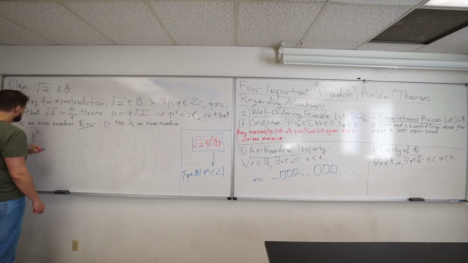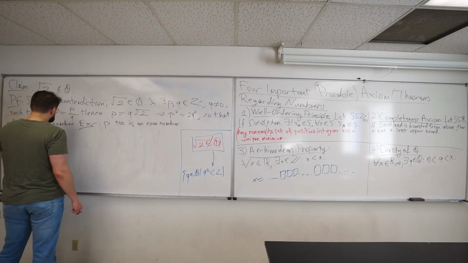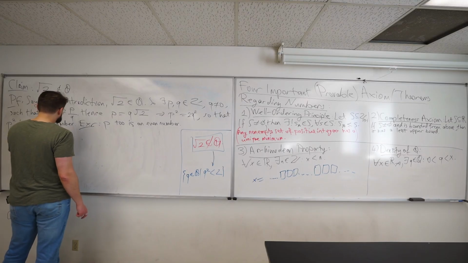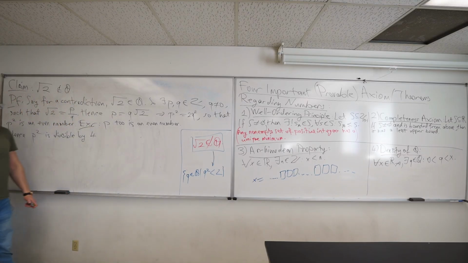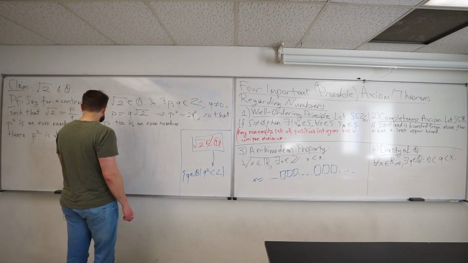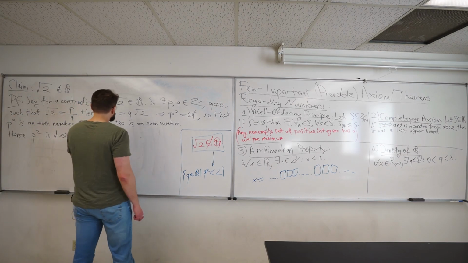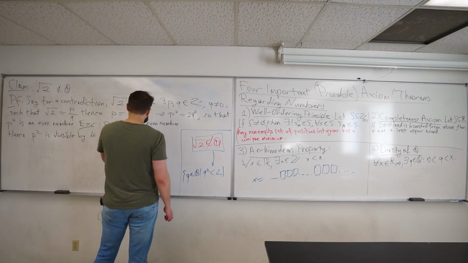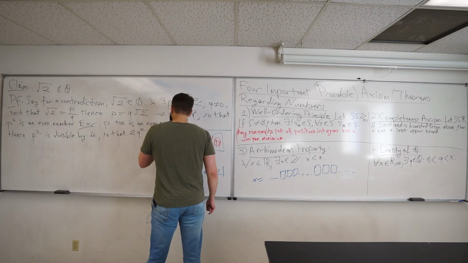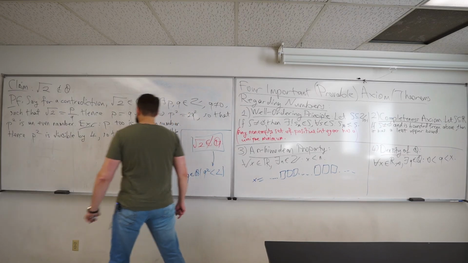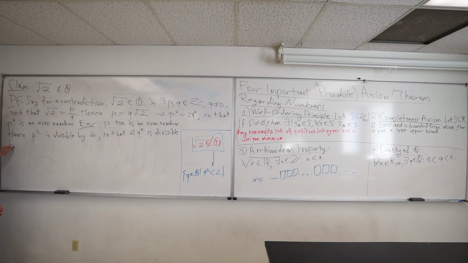Hence, p squared is divisible by 4, so that 2 times q squared is divisible by 4.